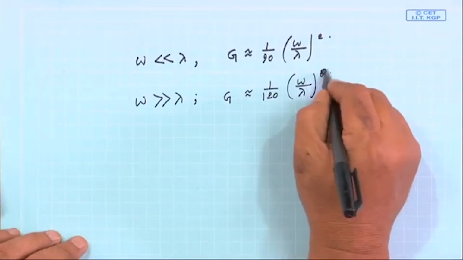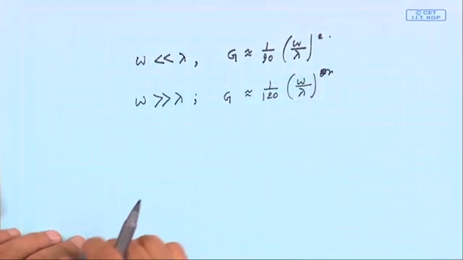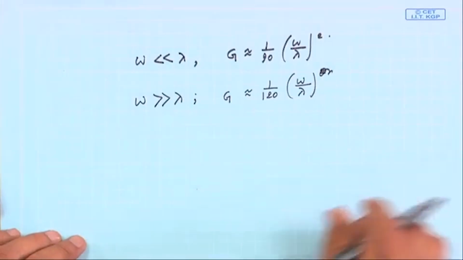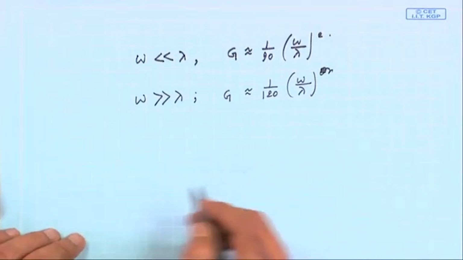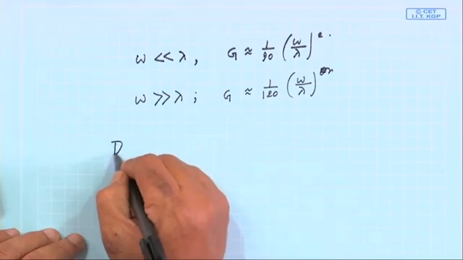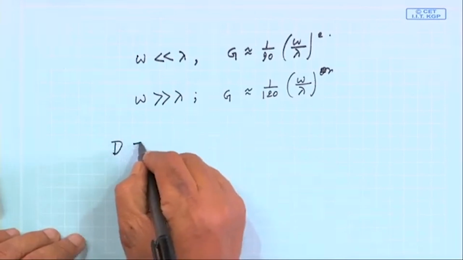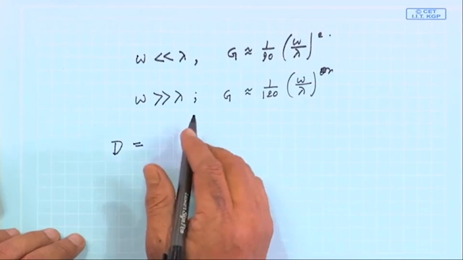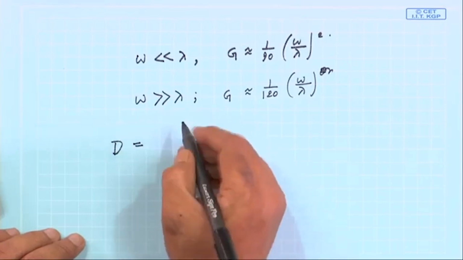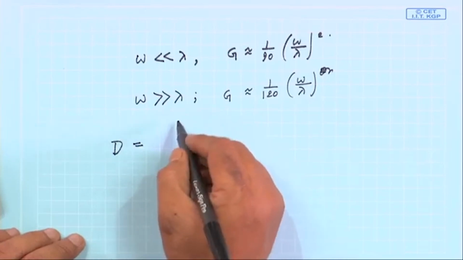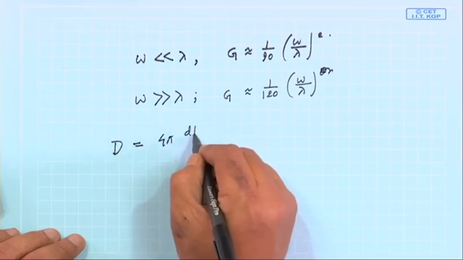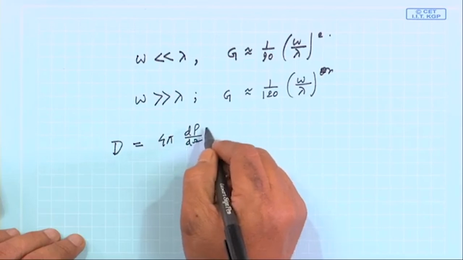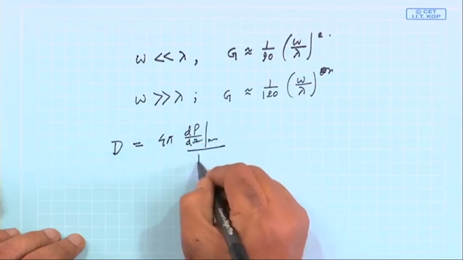Oh no, this time not square, this is the thing. Also people have found out the reactive part by a more advanced method, and directivity. What is directivity? Directivity of each slot comes out to be 4 pi into the dP/d omega max by P_R.